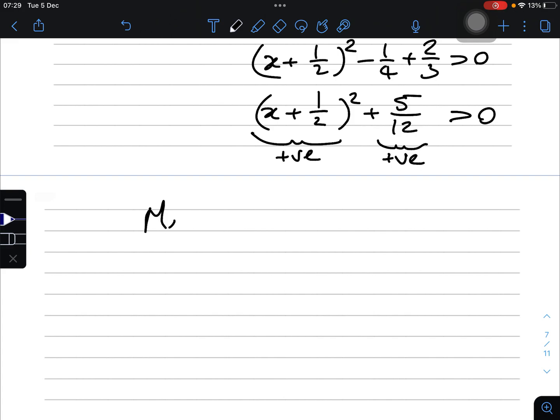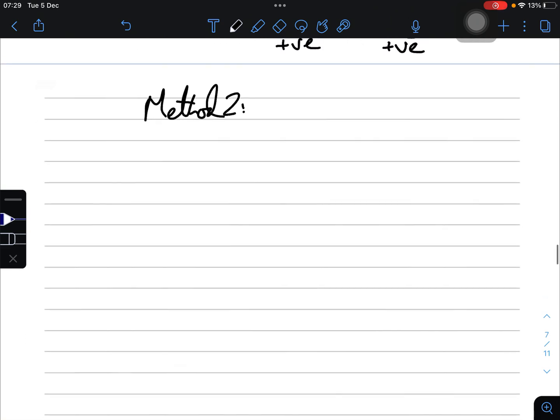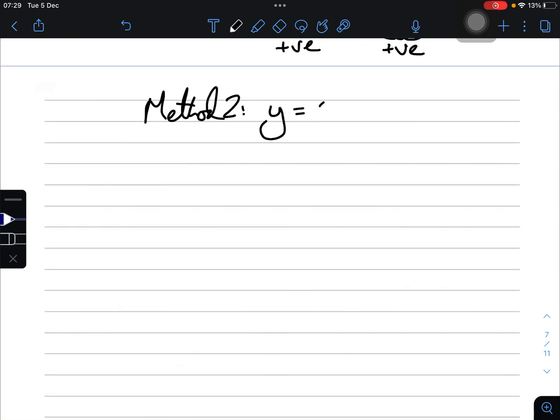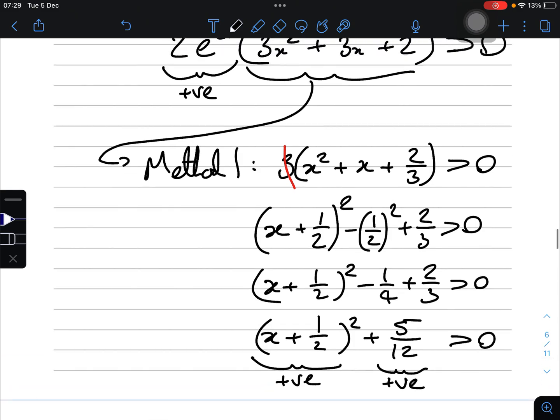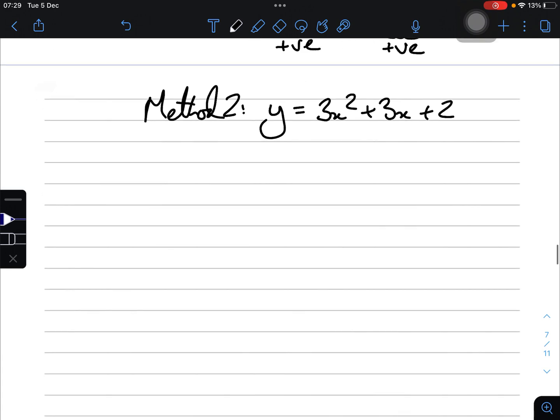The other method, which I might have leaned towards, although it's more long-winded, is to take your function y equals 3x squared plus 3x plus 2, and then try to visually show, as I was saying, that this here is above the x-axis. So we can try that.